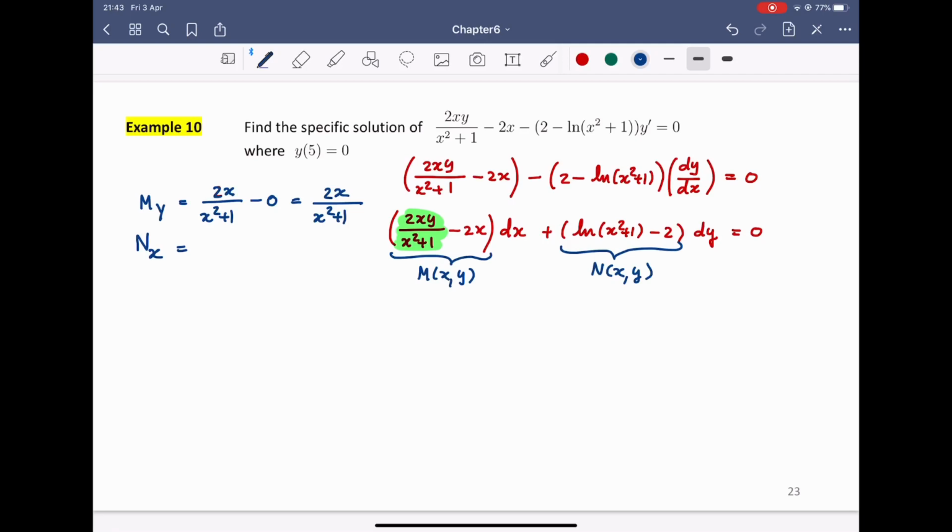So differentiate log of x squared plus 1 with respect to x. So I have 1 over x squared plus 1, and by the chain rule, I have to differentiate the inner function, so I get 2x. Differentiate the constant, I get 0. So here I have 2x over x squared plus 1. So that means M sub y equal to N sub x. So this differential equation is exact.